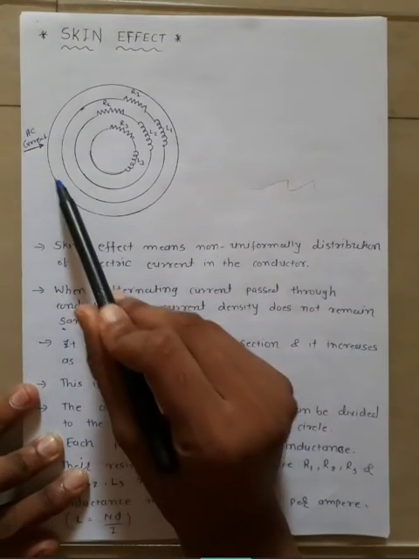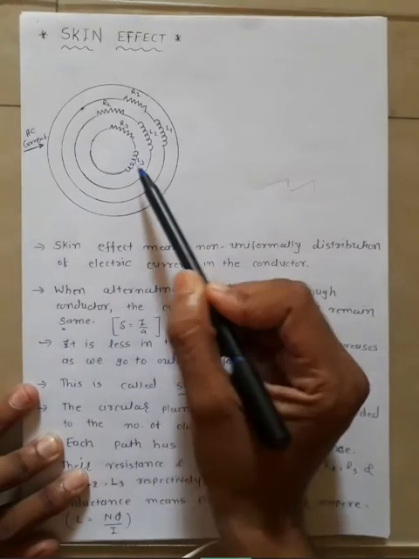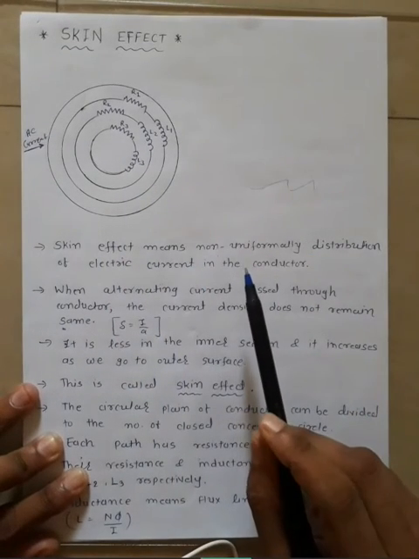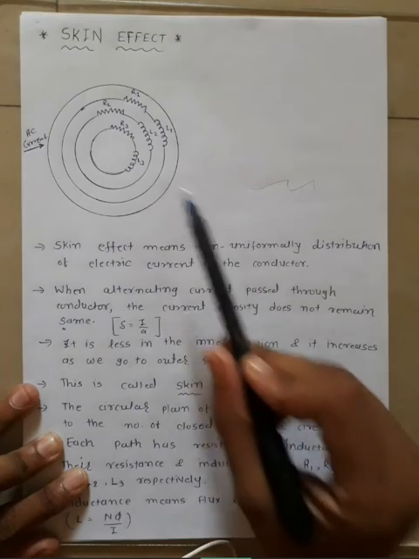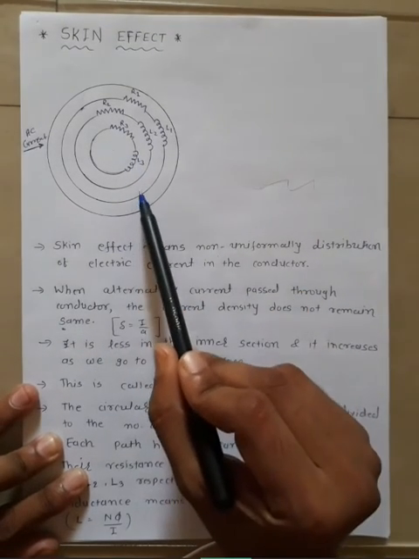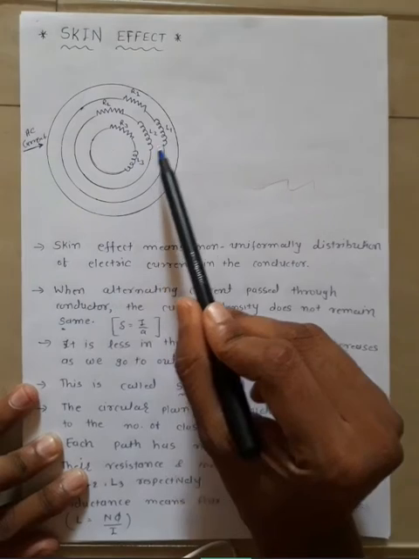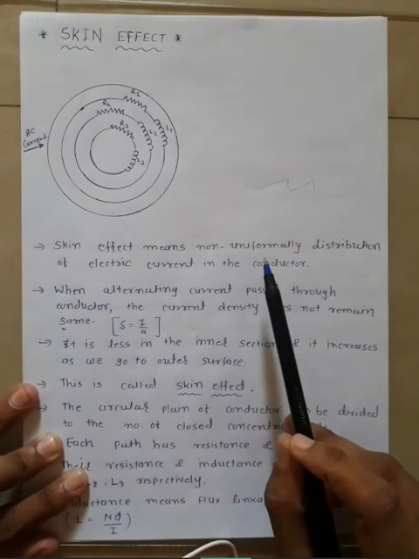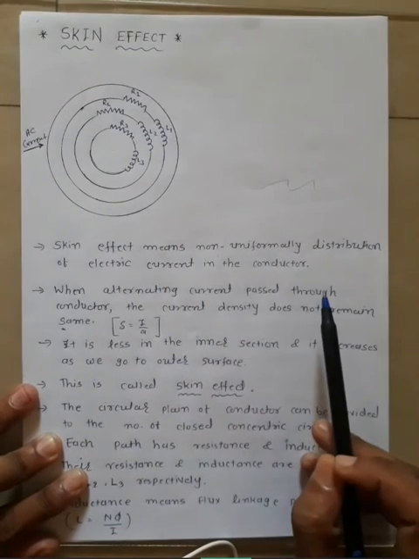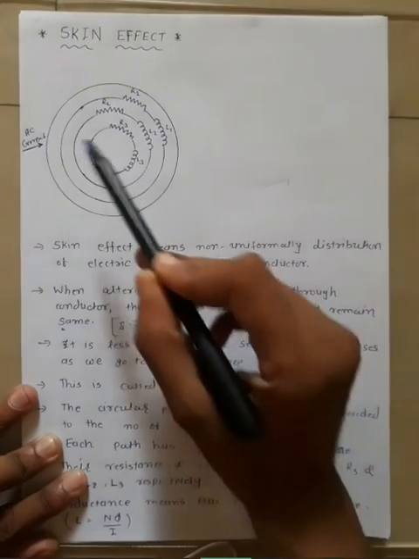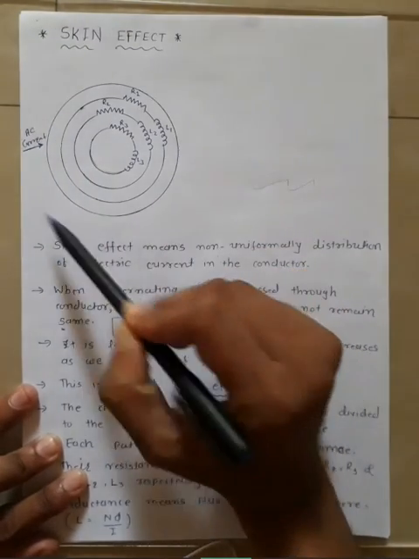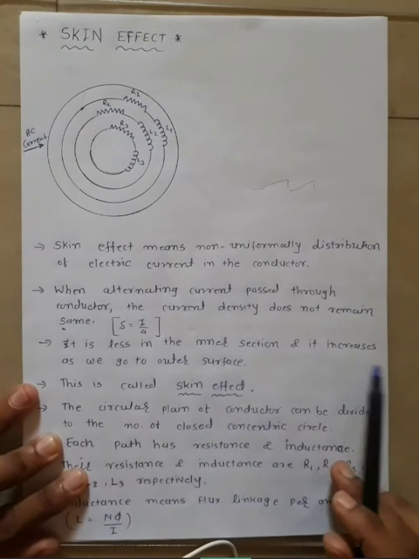The current is less in the inner section and increases as we go toward the outer surface. This is called the skin effect, the tendency of alternating current to concentrate near the surface of the conductor.